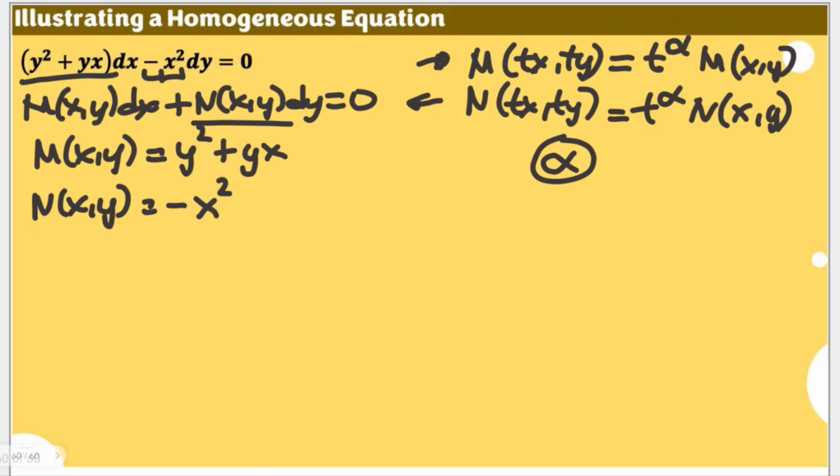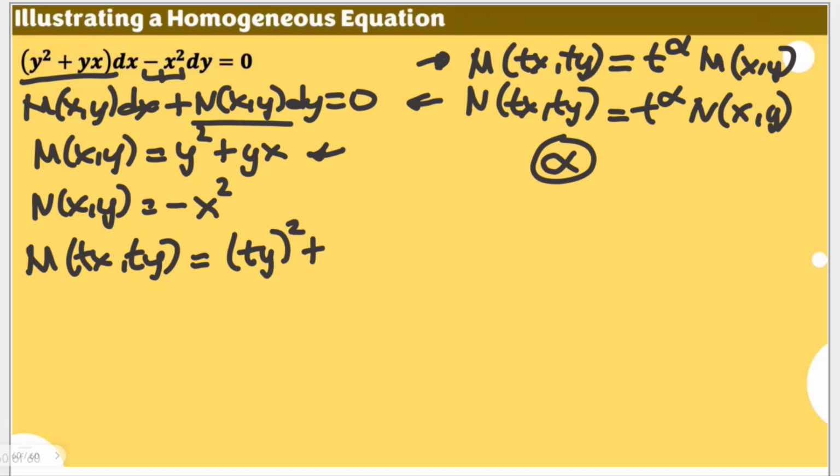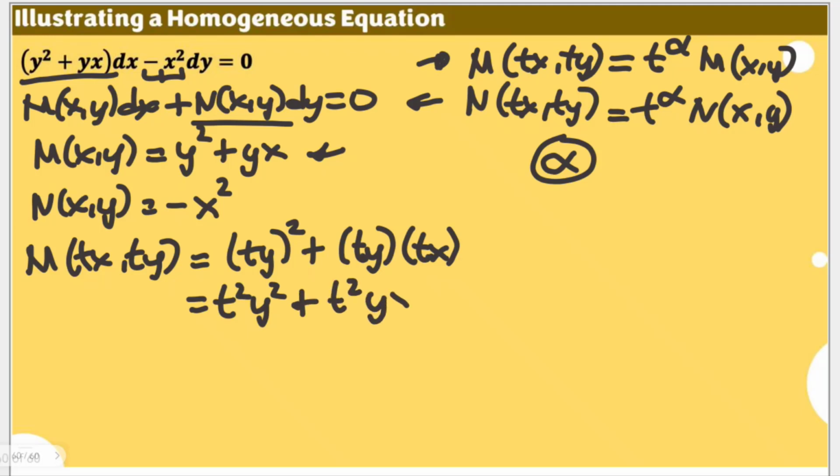So let's start with M of tx and ty. Again, for this, we are going to substitute tx to x and ty to y. So the y squared will become ty squared plus ty times tx. Okay? This is t squared y squared plus, here, simply multiply, you have t squared yx.